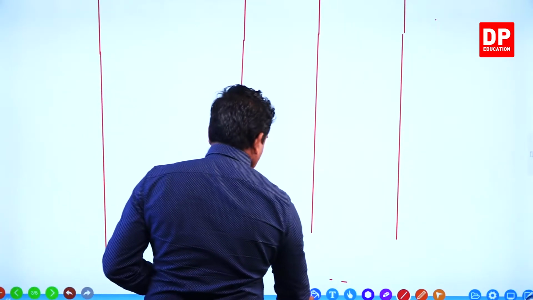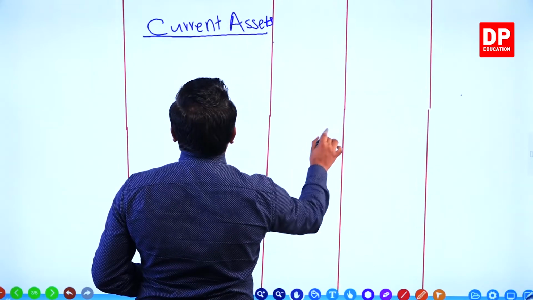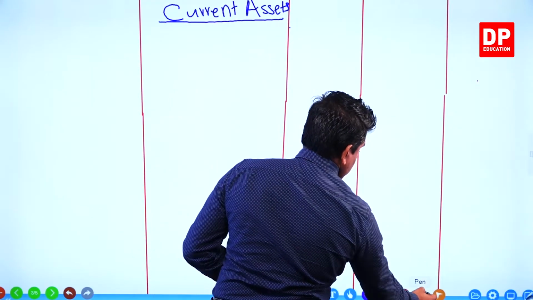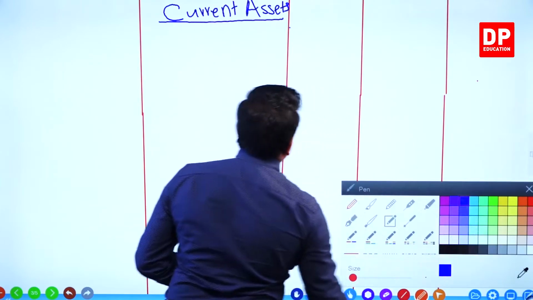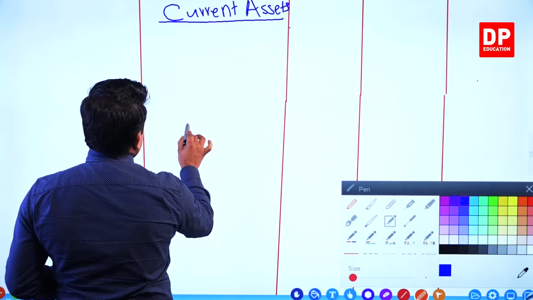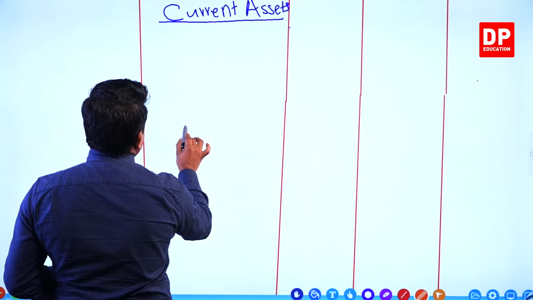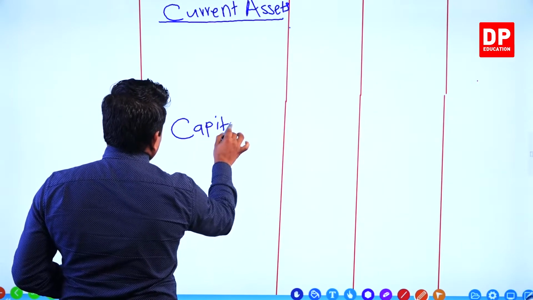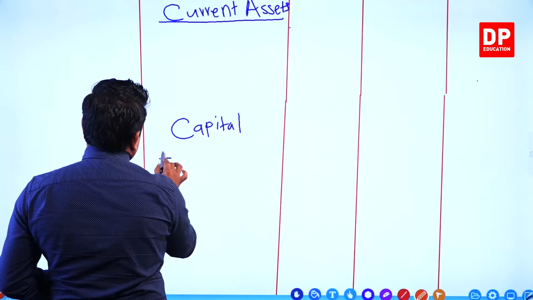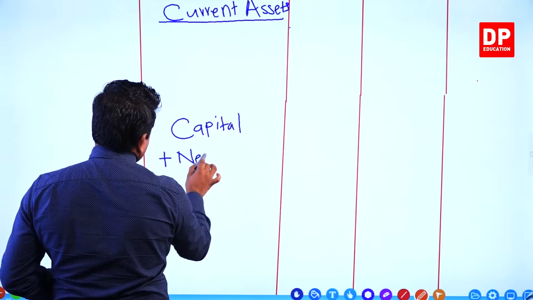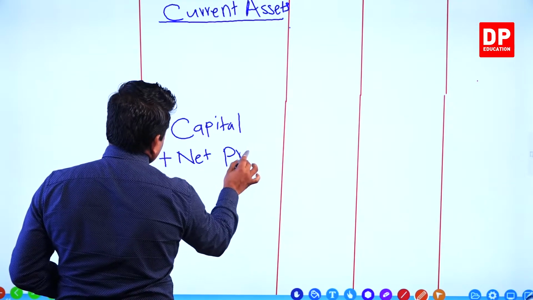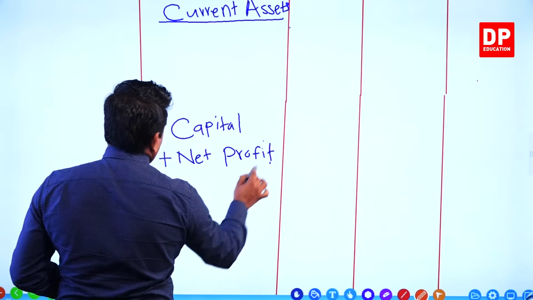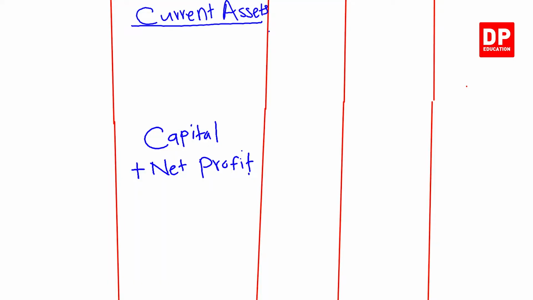Okay. Now you bring it down, current assets finish. Then you can write this area: capital plus net profit. Then is there drawings? I think, remember, yes, drawings was there.